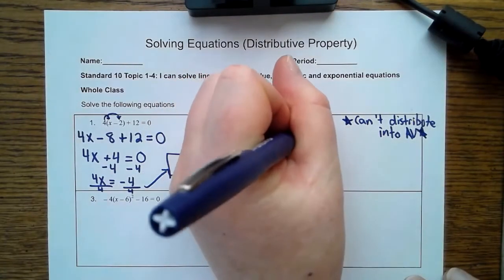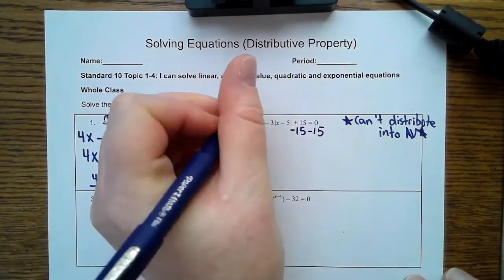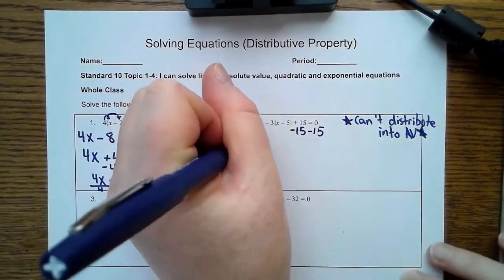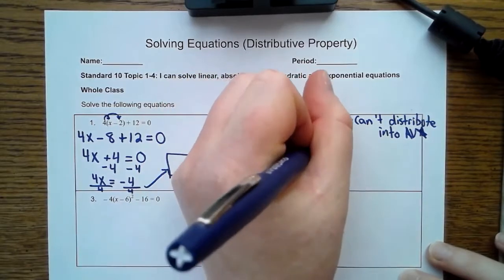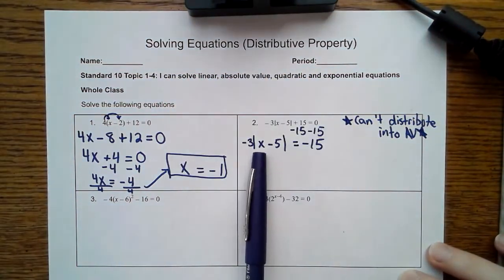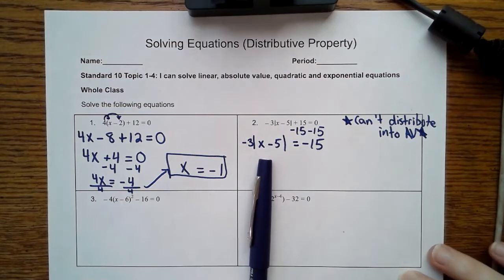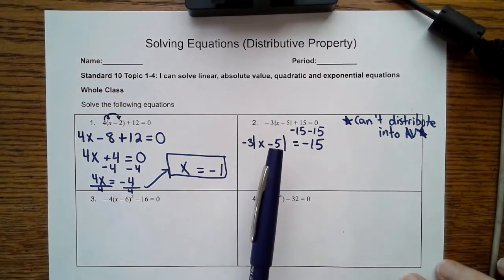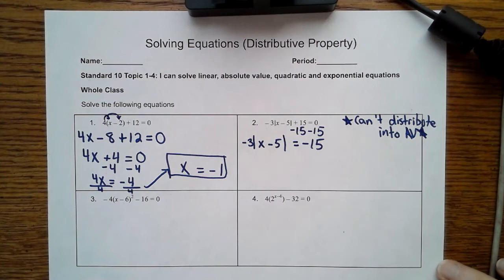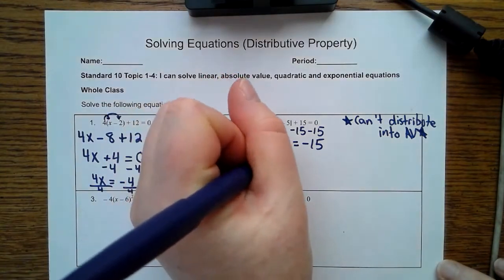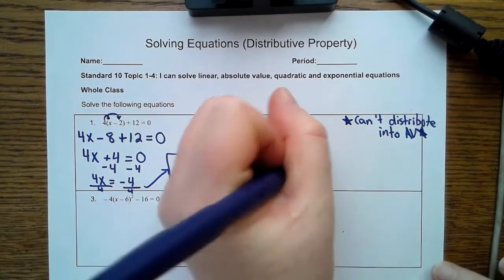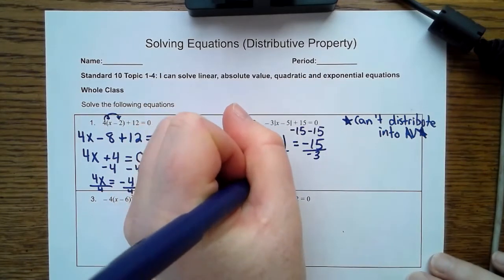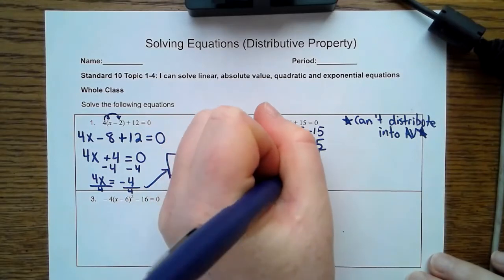So I'm going to minus 15 on both sides, because that's going to be my normal first step. This x minus 5 on the inside will be our last step. So our last step is going to be adding 5, but it's stuck in the bars right now. So I'm going to divide by -3, and I get x minus 5 equals +5.